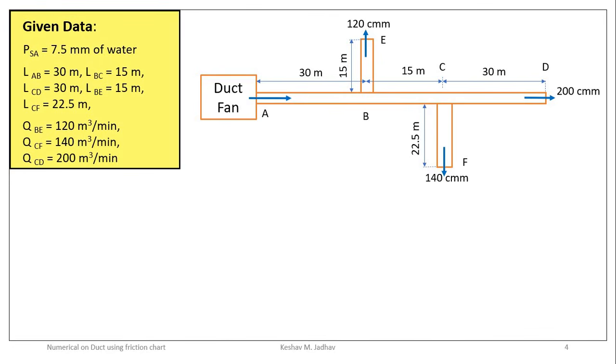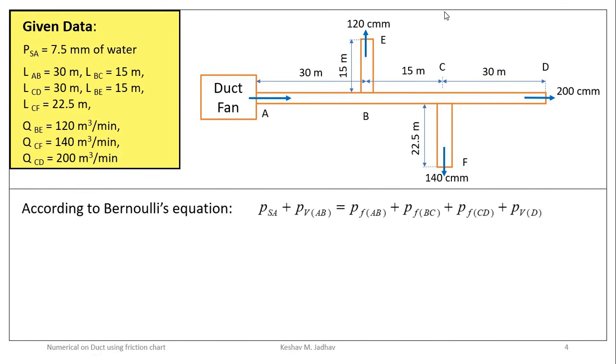So first we will calculate friction loss for main duct AD. According to Bernoulli's equation, for main duct, total pressure at this point is equal to static pressure PSA plus velocity pressure, that is pressure due to the velocity of air passing through this AB duct.